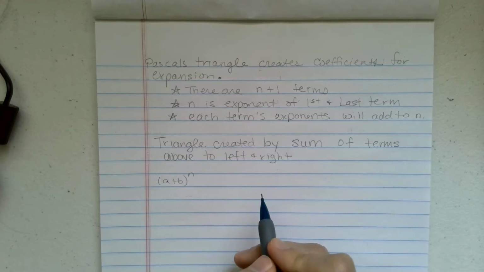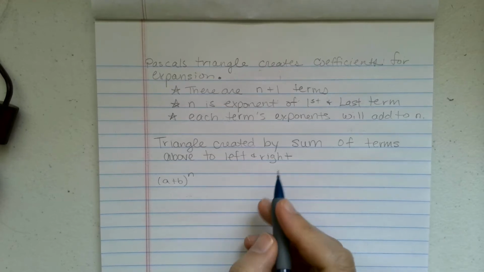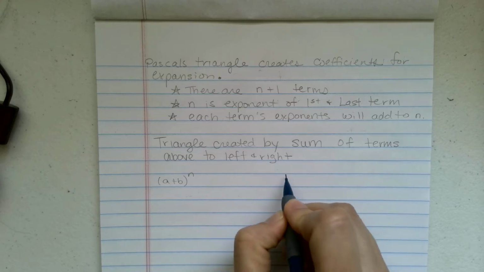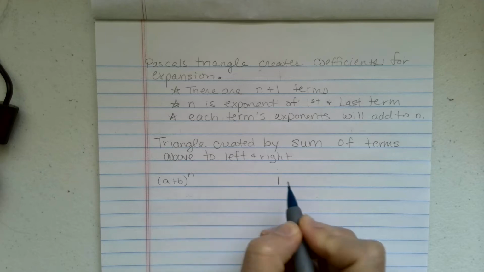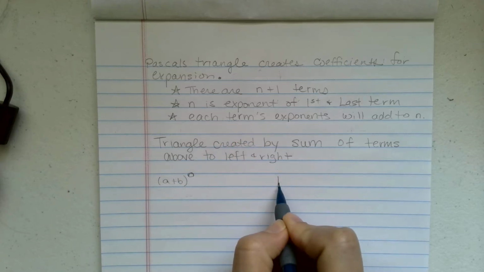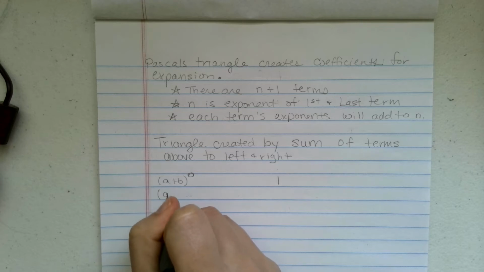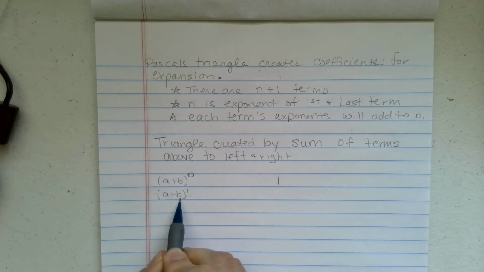So what you're going to do, and you have your notes which kind of build this for you, but what they did for Pascal's triangle was they started with one term. When you have something to the 0 power, so let's just make this 0, it's always 1. When you have something to the first power, it will have two terms, and each of their coefficients will be 1.